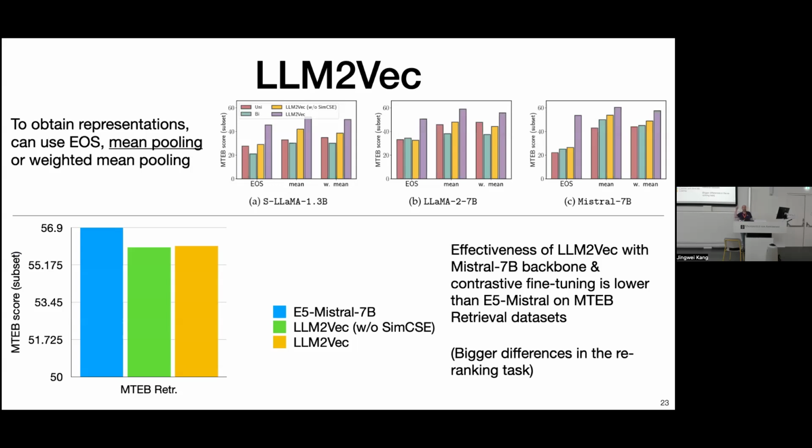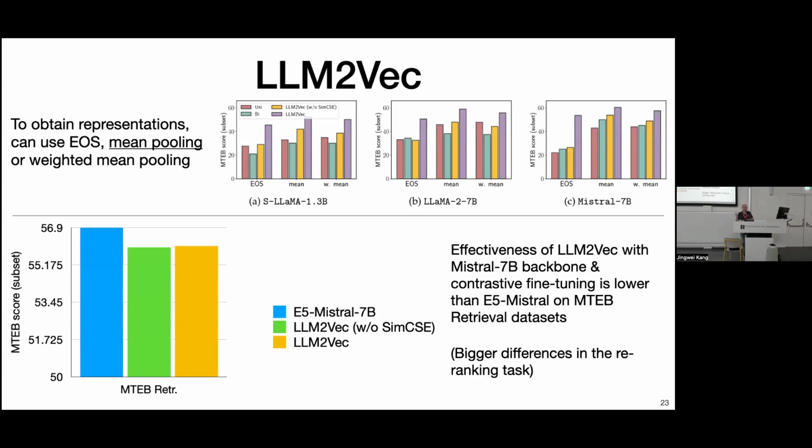So then for obtaining the representation, if you remember, the previous model we talked about was injecting an end of sentence token, and then we use the embedding of the end of sentence token. The LLM2Vec folks used that as a possibility, or they say, you know what, let's take the embeddings of every token and do mean pooling, or they tried a weighted mean pooling.